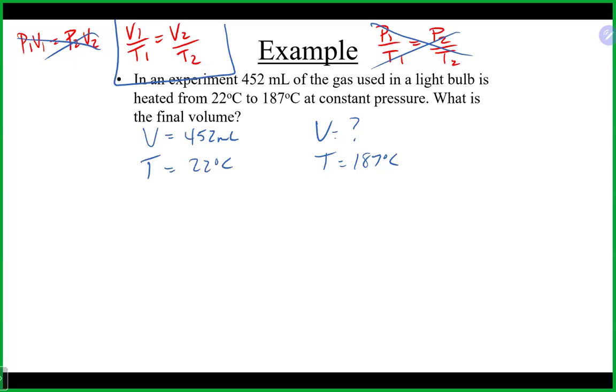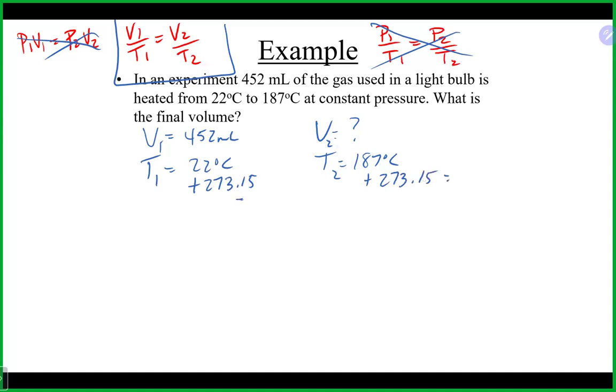Once again, in terms of the ones and the twos, it really doesn't matter as long as you keep the numbers that go together. So I'm just going to call these the ones and these the twos. And I do know right off the bat that temperature has to be in Kelvin, so we need to add our 273.15 here.